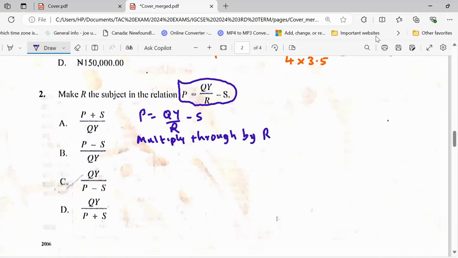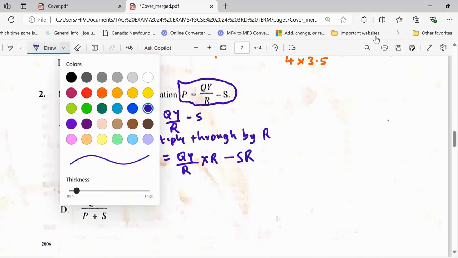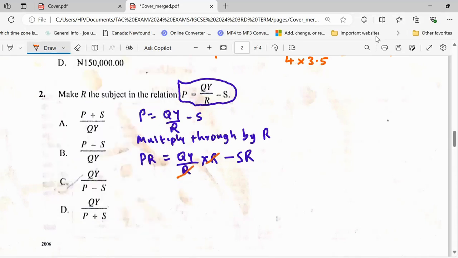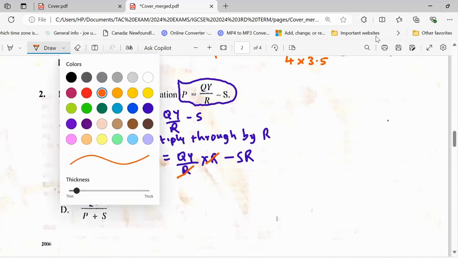So when you multiply through by R, here we are going to have PR. This side is going to be QY over R, then times R, then minus S times R. So now what will happen here is that this R here and this R here will cancel out.